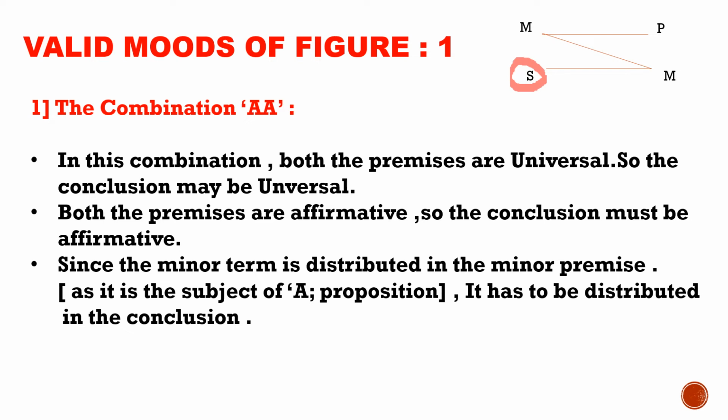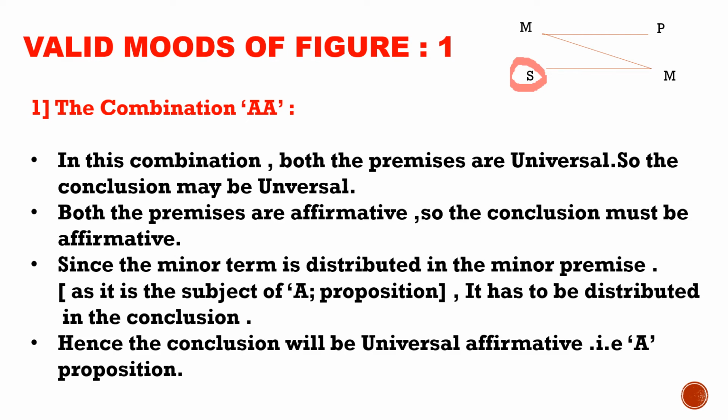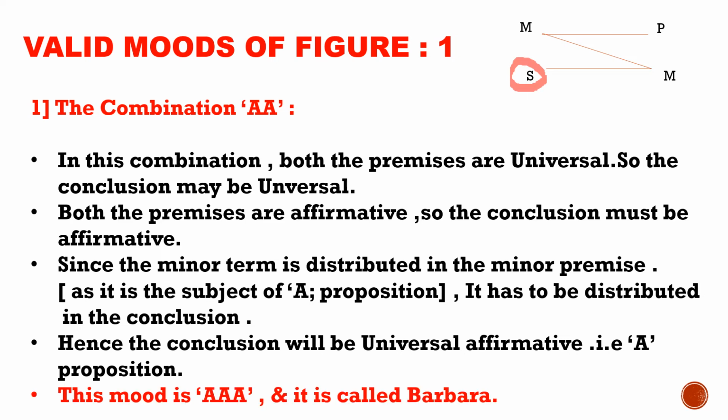So hence we can say that the conclusion must be a universal affirmative proposition. We have seen that the premises are affirmative, so the conclusion must be affirmative. Now here we are saying that it should be universal. So here it should be affirmative, here it should be universal. Hence, we will conclude that the conclusion will be universal affirmative, that is, an A proposition. So here we get the valid mood AAA, and it is called Barbara.